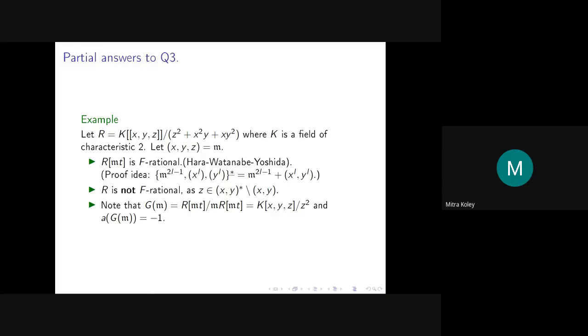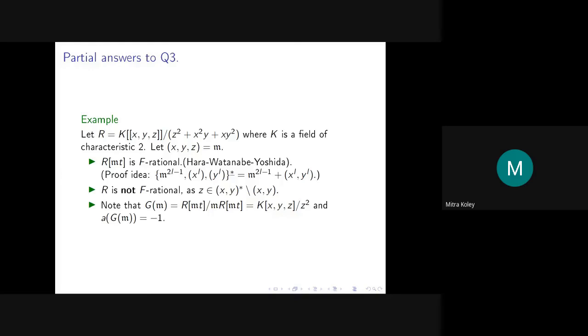The proof was given by Hara, Watanabe, and Yoshida. They proved that the Rees algebra is Cohen-Macaulay, and then they proved that x and xy is a reduction of M, and they showed that the tight integral closure of this set, that M^(2l-1)(x^l, y^l), is the ideal M^(2l-1) plus the ideal generated by x^l, y^l.